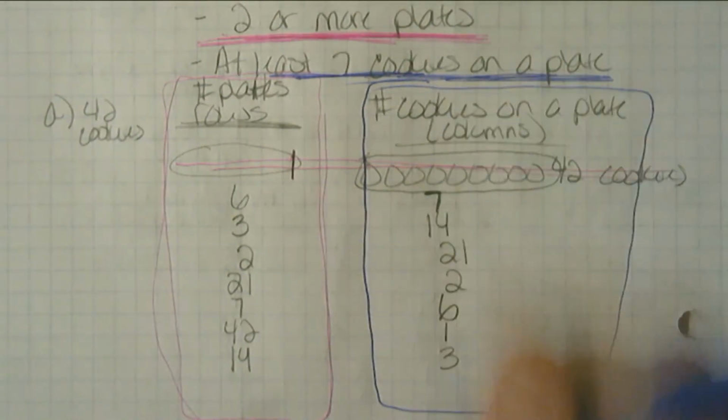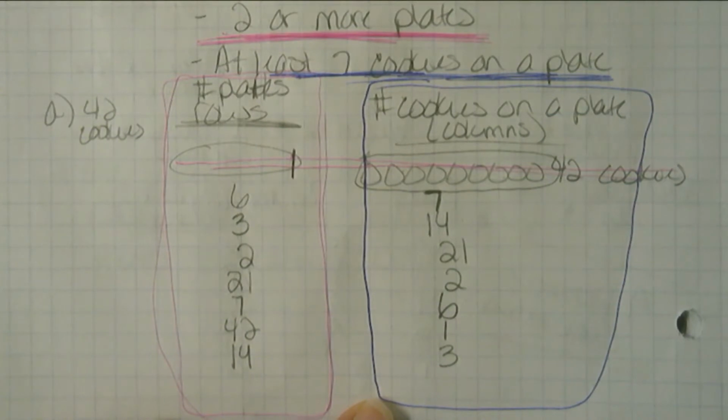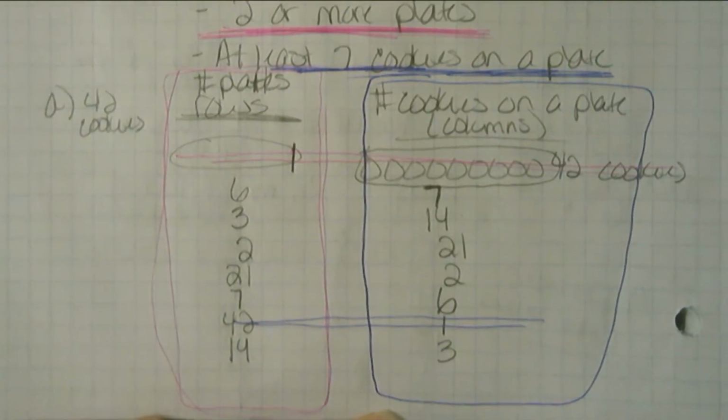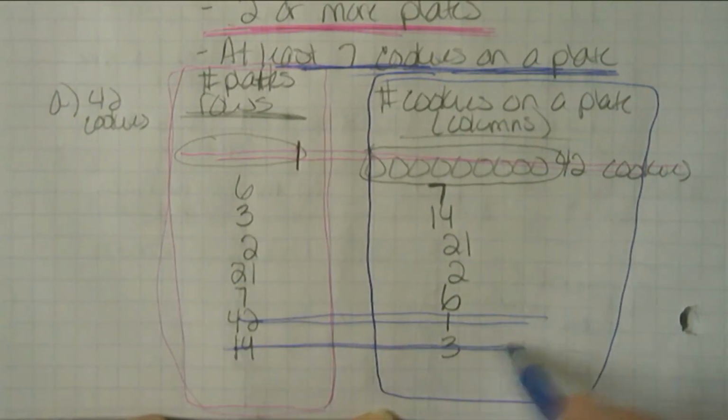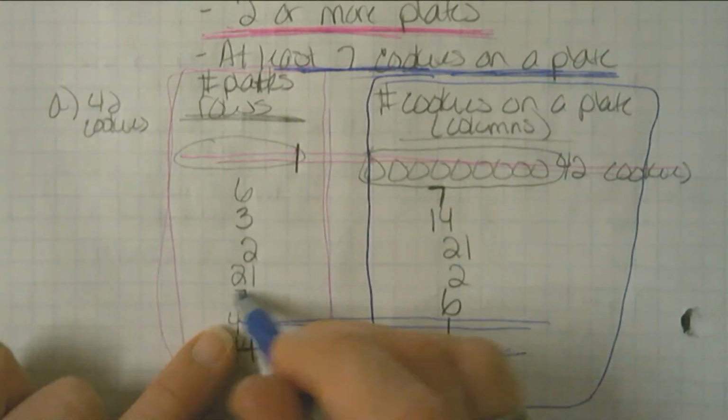Which ones do not meet this? Jack? So 42 and 1 doesn't, because we don't want just 1 cookie. 14 and 3 does not. 7 and 6. Excellent, because that doesn't, right?